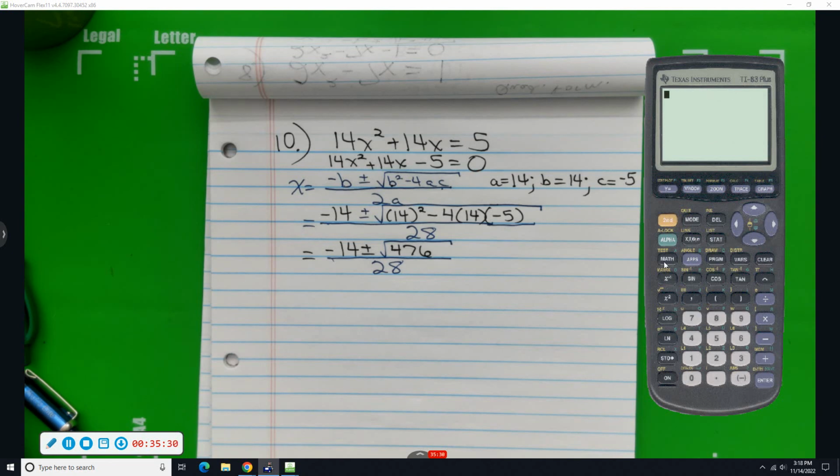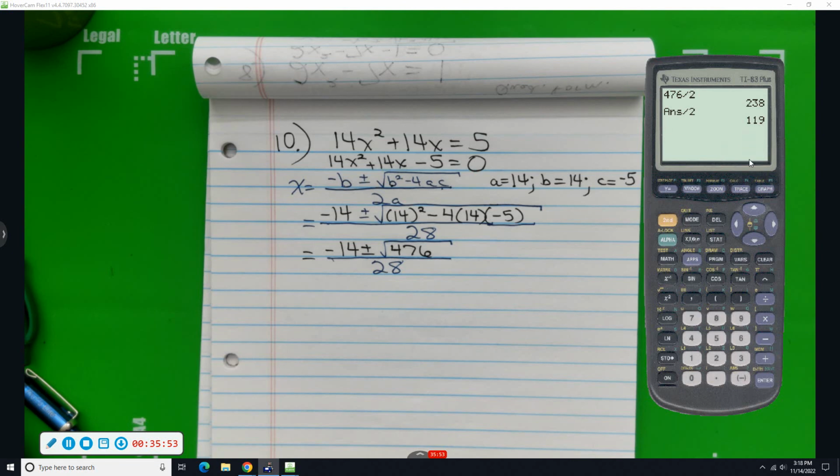Let's see, the square root of 476. Thinking about your perfect squares. If I divide it by 2, is that going to give me a perfect square? Is 238 a perfect square? I don't think so.